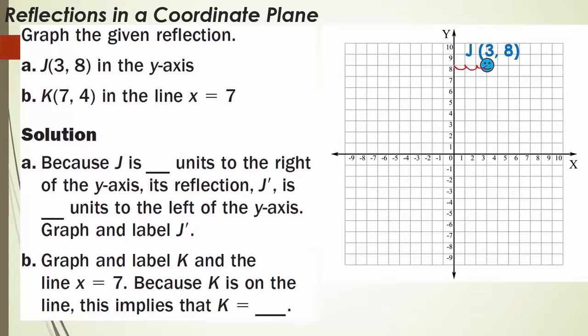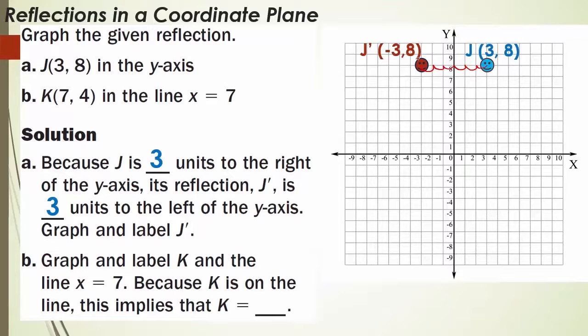So if I were to reflect it across the y-axis, I'm going to go 3 points across the y-axis. So 1, 2, 3, and my new point is located at negative 3 and 8. Because J is 3 units to the right of the y-axis, its reflection J prime is 3 units to the left of the y-axis.